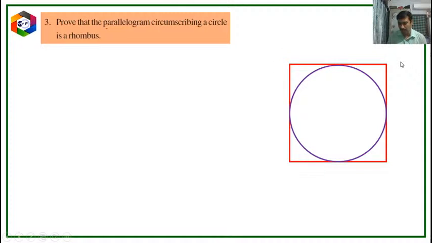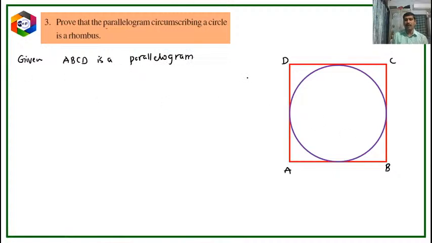This is looking like a square, but let us assume that this is a parallelogram for some instant, children. So A, B, C, D, this is a parallelogram. Given ABCD is a parallelogram.